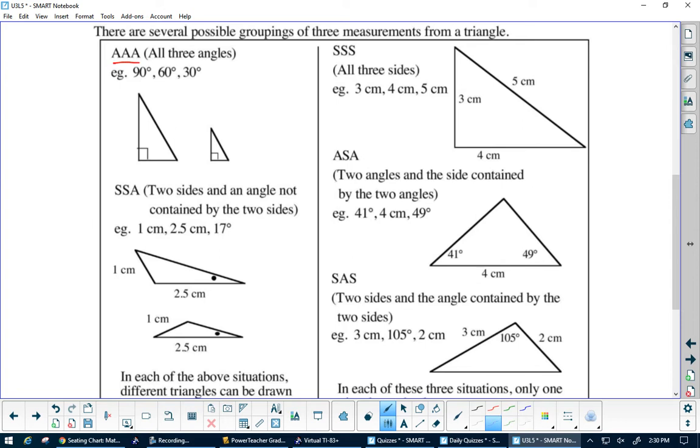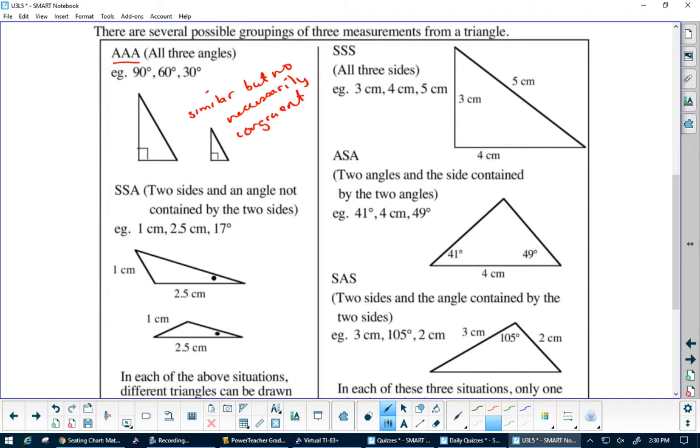That means that if all the angles of this equal the angles of this, it doesn't necessarily mean that they're congruent. They would be called similar, but not necessarily congruent.